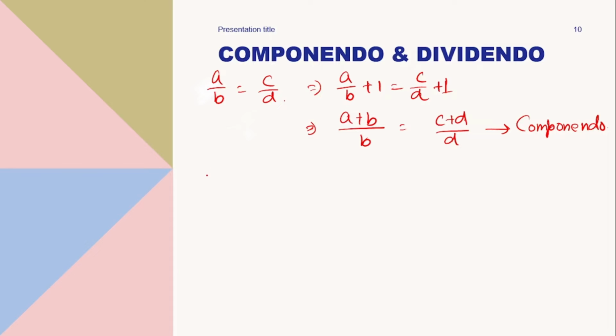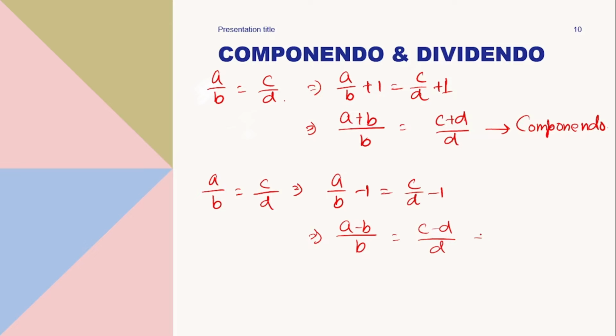For the second part, a by b equals c by d, I can write a by b minus 1 equals c by d minus 1. So it can also be written as a minus b by b equals c minus d by d. This is called dividendo. Just remember these things. They are very logical, and don't forget their names: this is componendo.